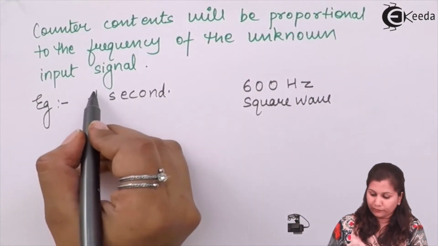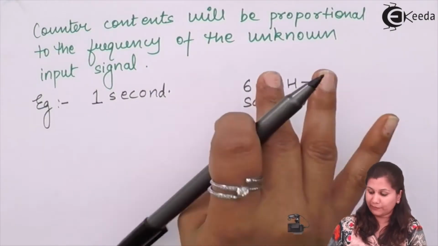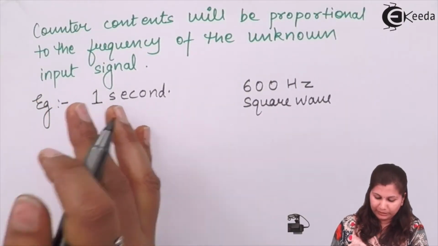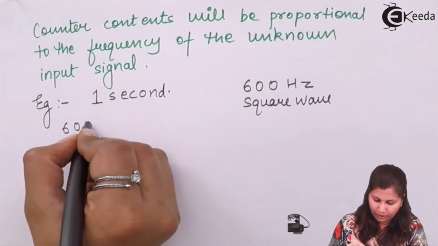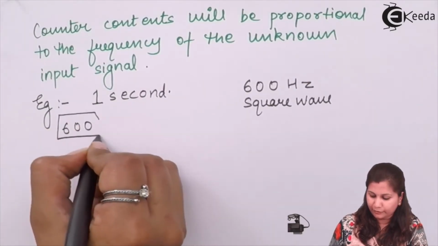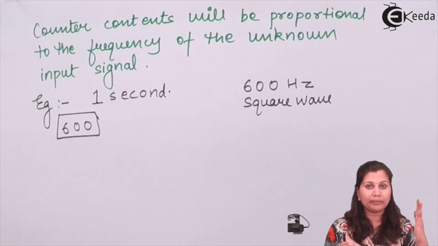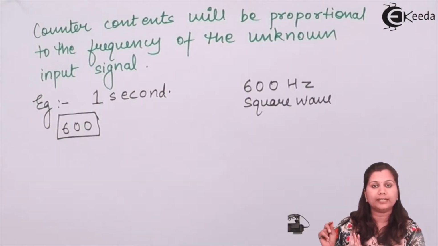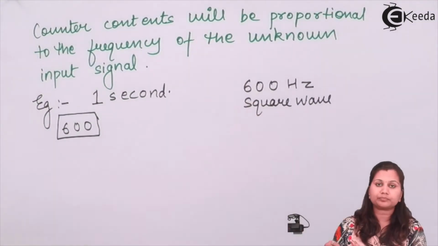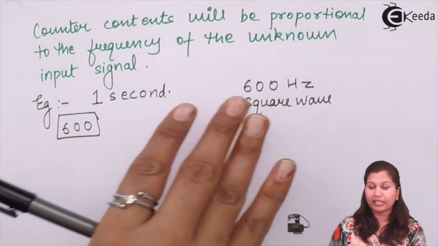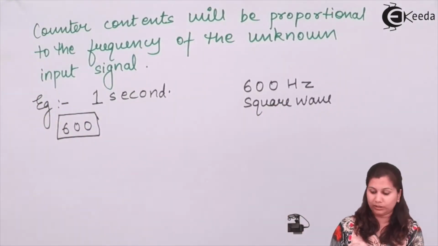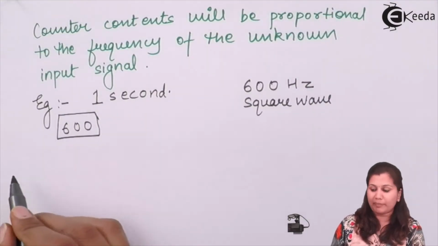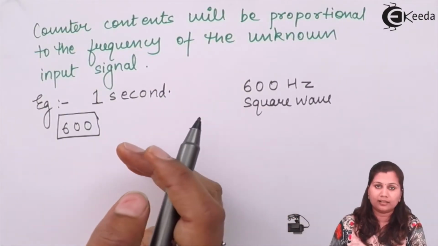For 1 second, this unknown signal, whose frequency is first unknown to us, is passed through the counter, and the counter is going to count up to 600. So the number of pulses that have passed through the counter in 1 second will be equal to the frequency of the input signal. We get an output of 600, so 600 pulses have passed in 1 second, and its frequency will be 600 hertz.